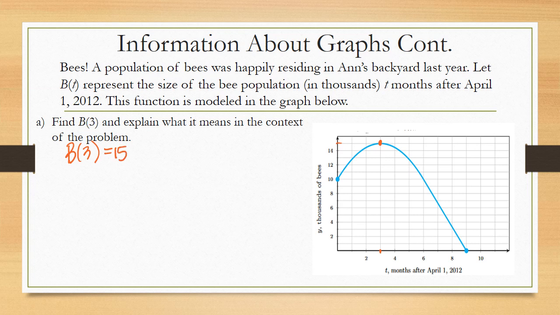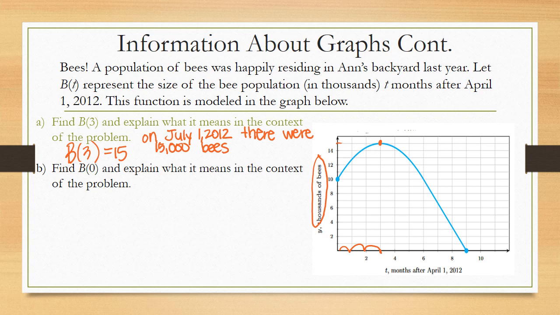Well, this means that on July 1st, or 3 months after April 1st, 2012, there were 15,000 bees. Because remember again, the y value stood for thousands of bees.